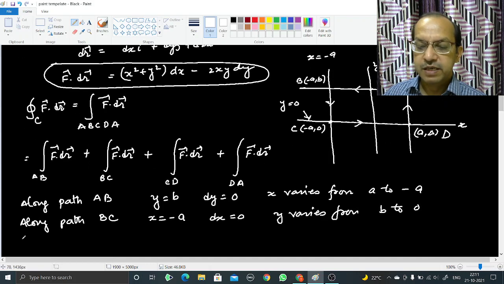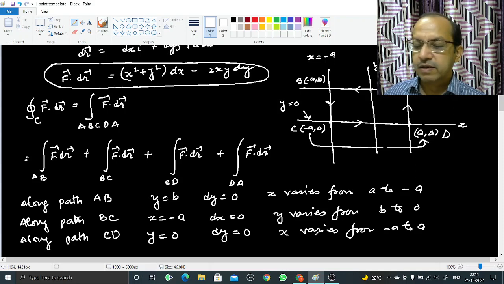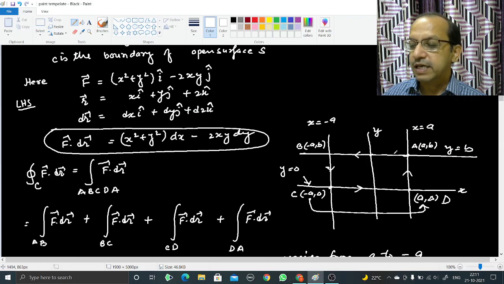What about CD? Along path CD, it is along the x-axis. That means y equal to 0, so dy is also equal to 0, and x varies from minus a to a. Along path DA, it is parallel to the y-axis.